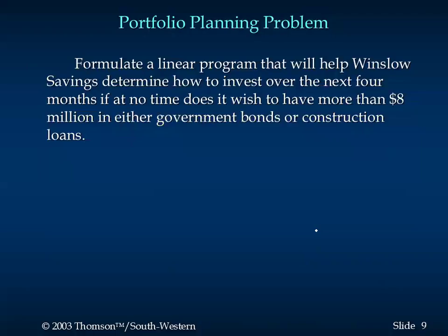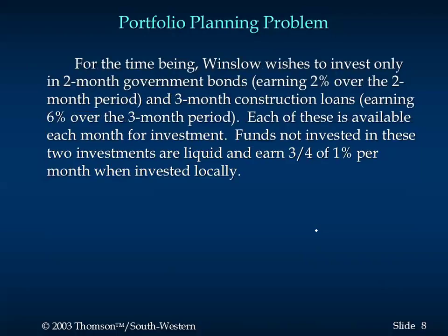Now the problem is this. We have these $20 million, and each month we have government bonds, construction loans, and what is not invested in these, we have local loans. So each month we have 3 different investment opportunities: government bonds, construction loans, and local loans.